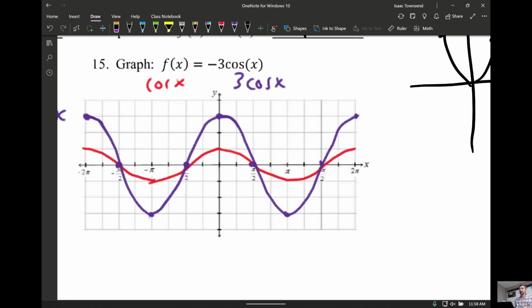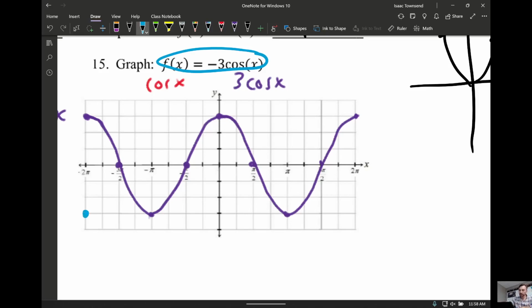And then I'm going to erase my old cosine graph. I don't need it anymore. But to graph this full thing, it's going to look exactly the same, but that negative is going to flip it over the x-axis, just like I talked about with x squared. So this gets flipped over, this gets flipped over, flip over the x-axis.